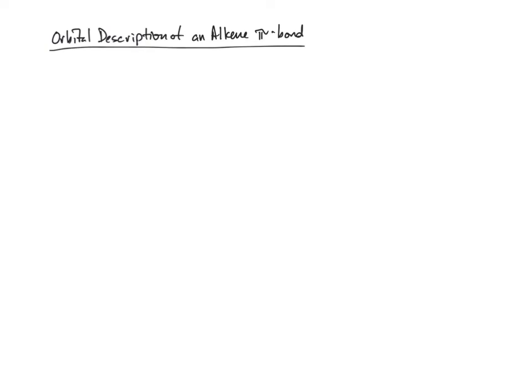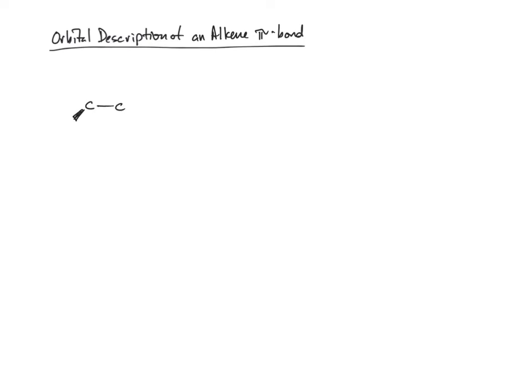So conceptually, we've talked about that quite a bit this semester when we talk about degrees of unsaturation, with the pi bond being 1 degree of unsaturation. So experimentally, that's measured through the heat of hydrogenation. But let's refresh our memory about what an actual carbon-carbon pi bond is.